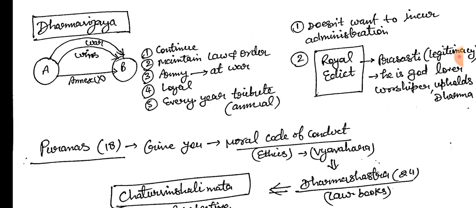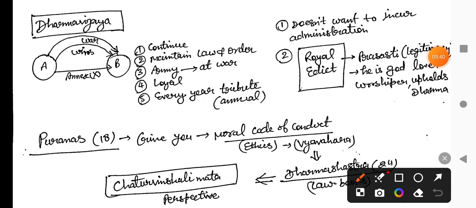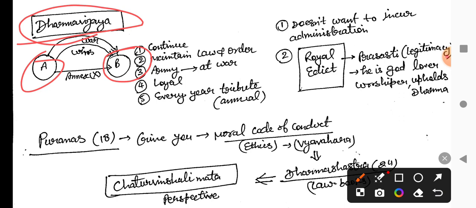Here we are going to discuss Dharma Vijay. Dharma Vijay means that, for example, King A is defeating King B. What is the responsibility of King B?